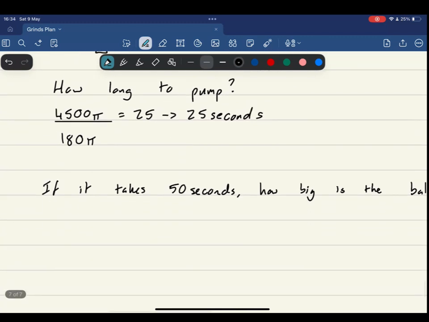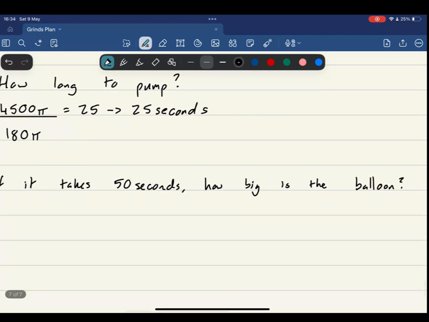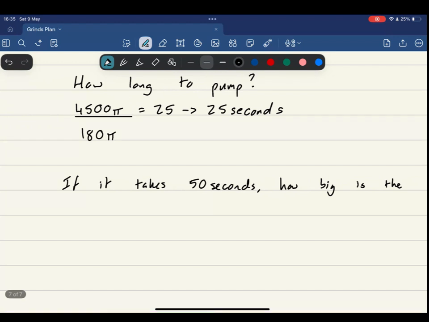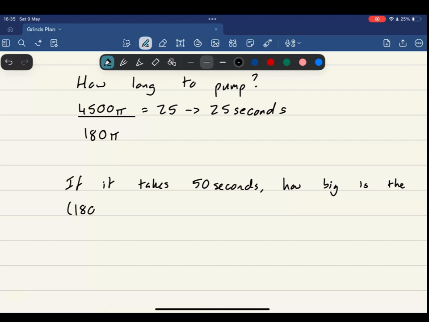Next part, it says, if it takes 50 seconds, how big is the balloon? So if it takes us 50 seconds, we know it's going to do 180 pi times 50, because that's our pumps times how long you have, and that gives you 9,000 pi centimeters cubed, and that is the volume of the balloon we're going to inflate.